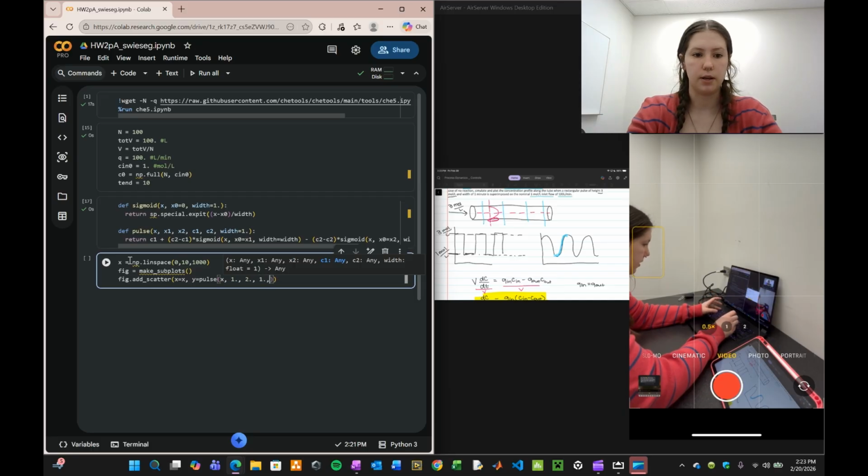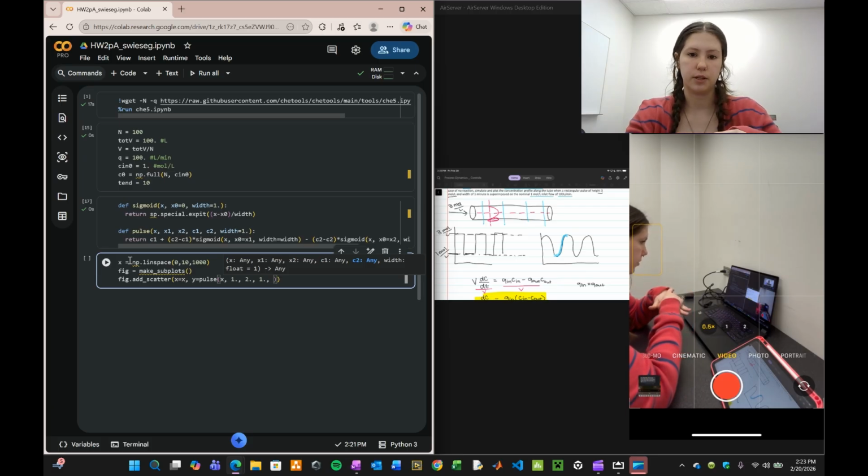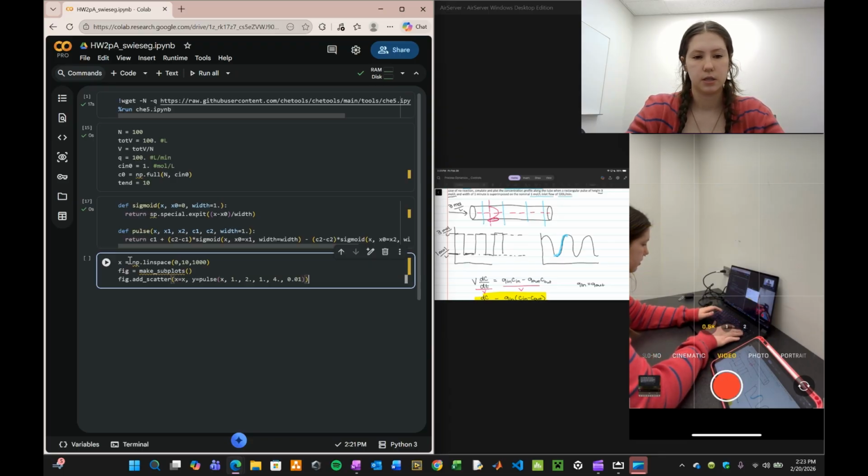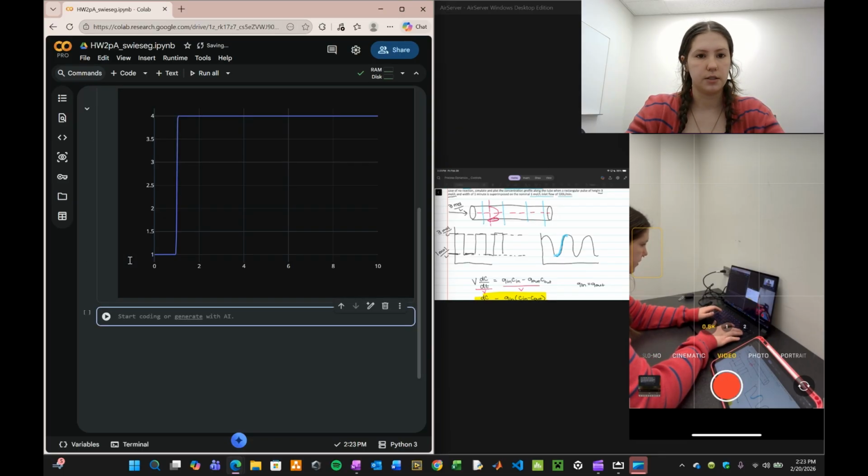So we're going to say 1, and then we want our C2 to be 4, because again we're doing that 1 moles per liter plus 3 moles per liter of that pulse we're inserting. So that's going to be 4. And then our width, we will set that equal to 0.01 for right now. And then we can press shift enter.